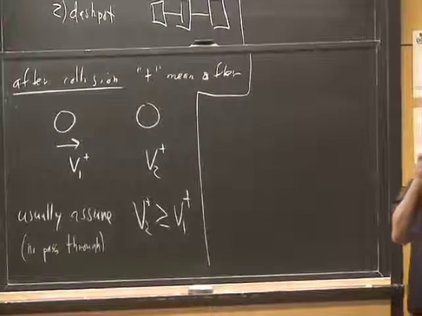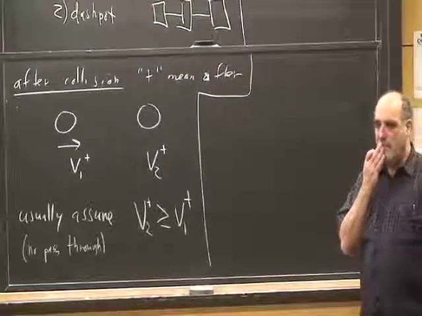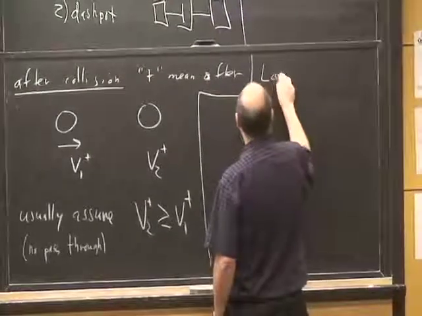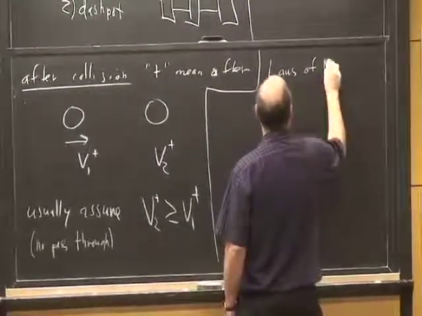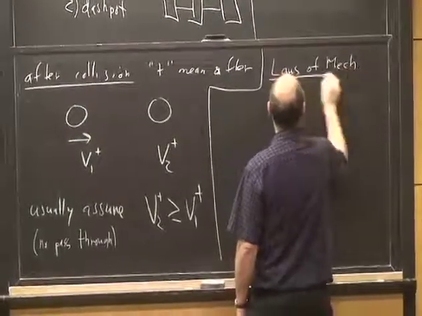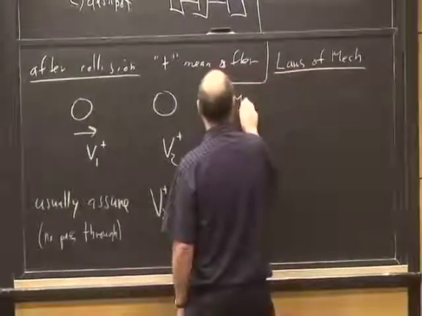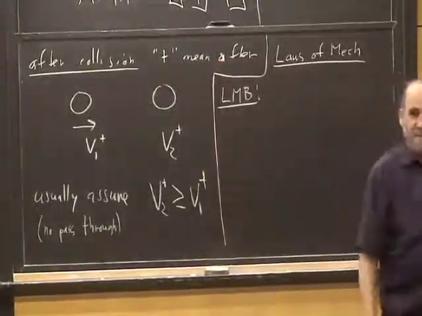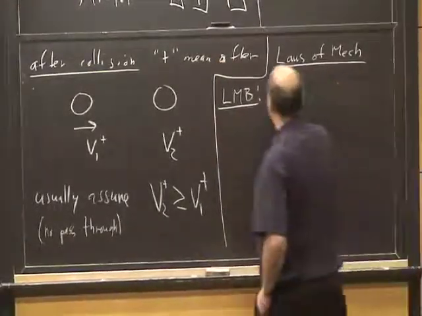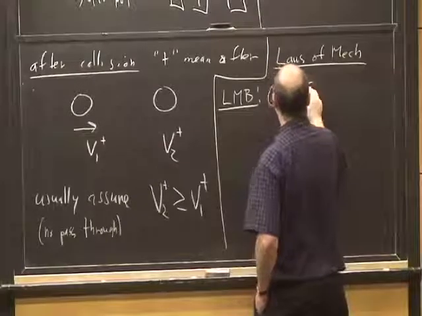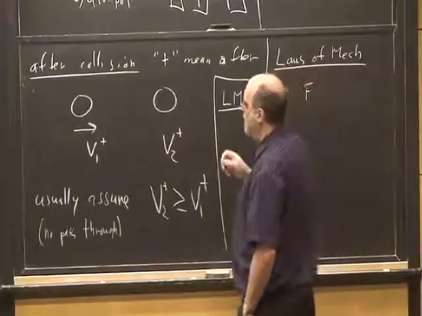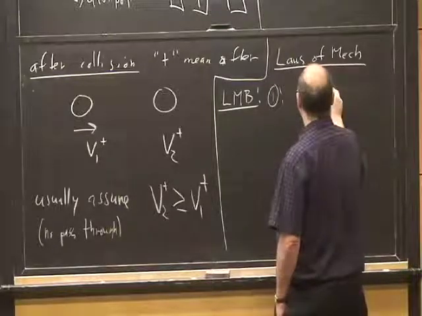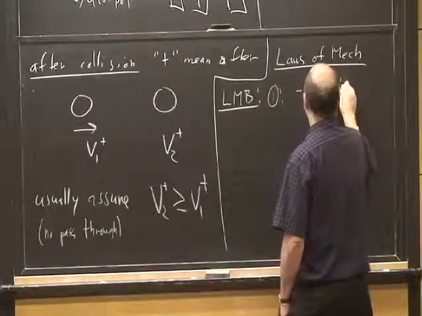So now, what can we figure out about this collision? What we have to work with is the laws of mechanics. And the laws of mechanics, in this case, are linear momentum balance. And linear momentum balance, we can write three different ways for this problem. We can write for block 1, linear momentum balance, and it says that this interaction force, which is minus F, is equal to M1 x1 double dot.